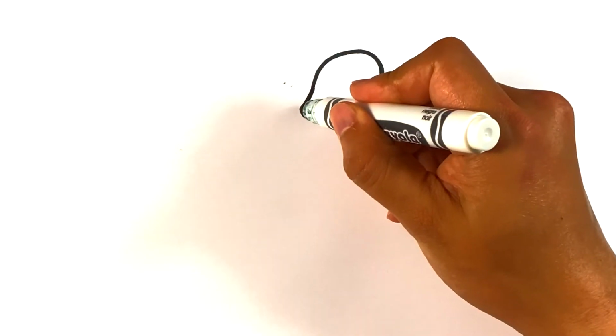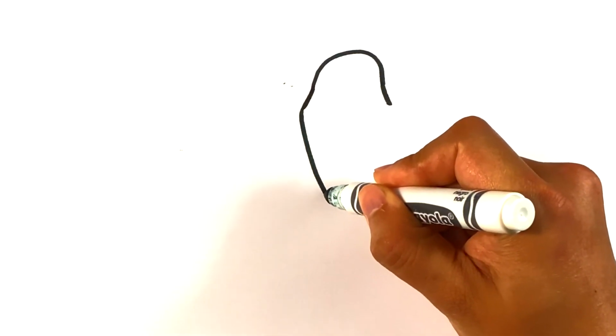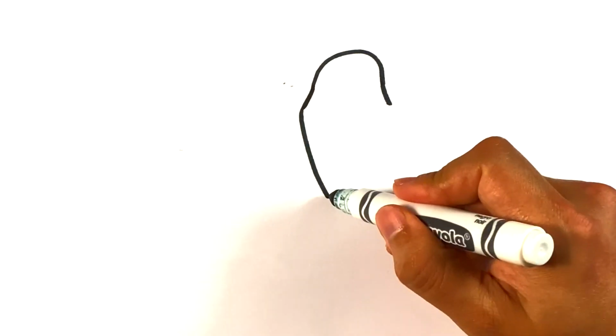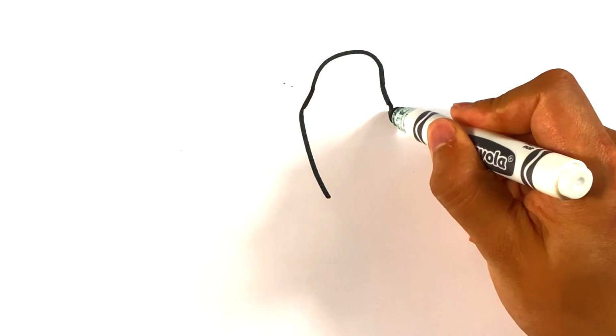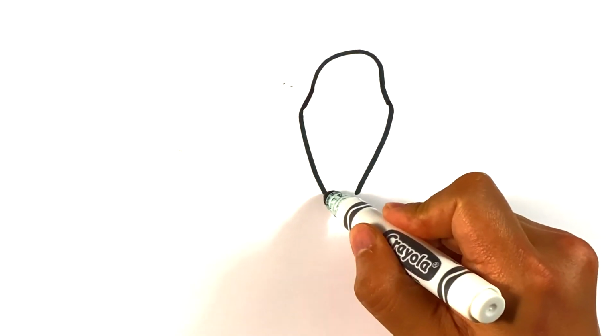And then from here I'm gonna pull it down longer for that long mouth. I'm gonna do the same thing on this side. Gonna go over here and curve underneath.